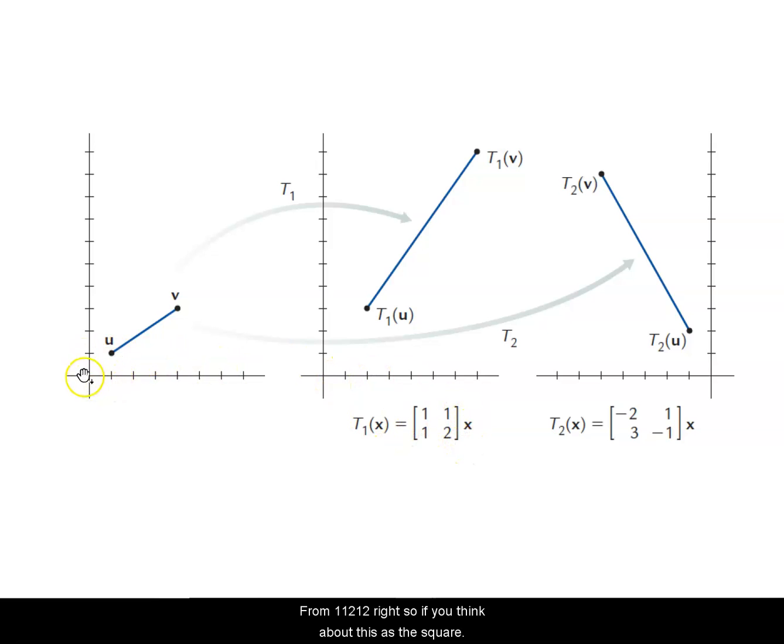So if you think about this as the square that u is at, its square will now move a little bit, right? So 0, 1 will now get moved to be 0, 2. Okay, and this 1, 0 here will move to 1, 1, right? And then 1, 2. So as you can see here, this has been sheared to this.